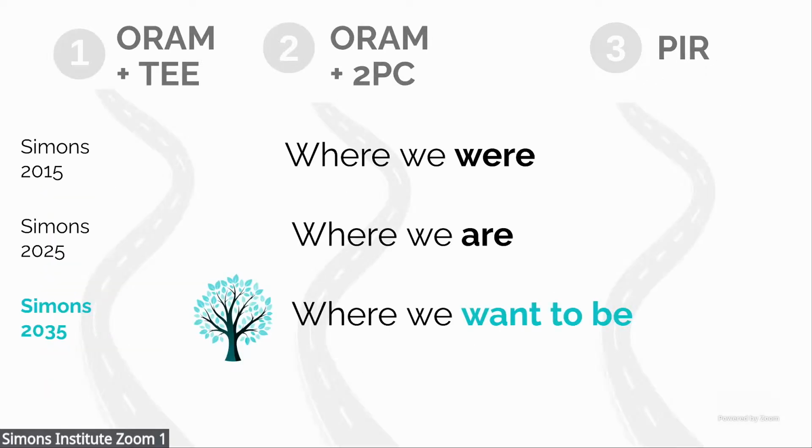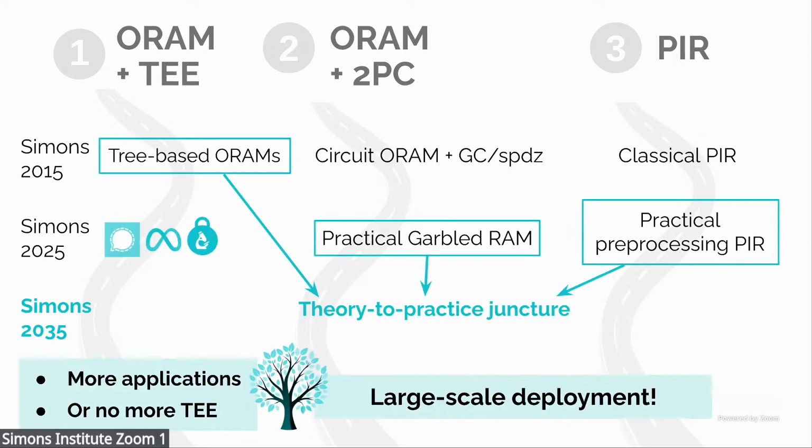I want to conclude by saying where we were in the last Simons, where we are this Simons, and where we want to be in 2035 in the next Simons. If you look at the way things evolved, in the previous Simons we were having a paradigm shift for ORAM, going from hierarchical ORAM to tree-based ORAM, which was important for the practicality of ORAM.